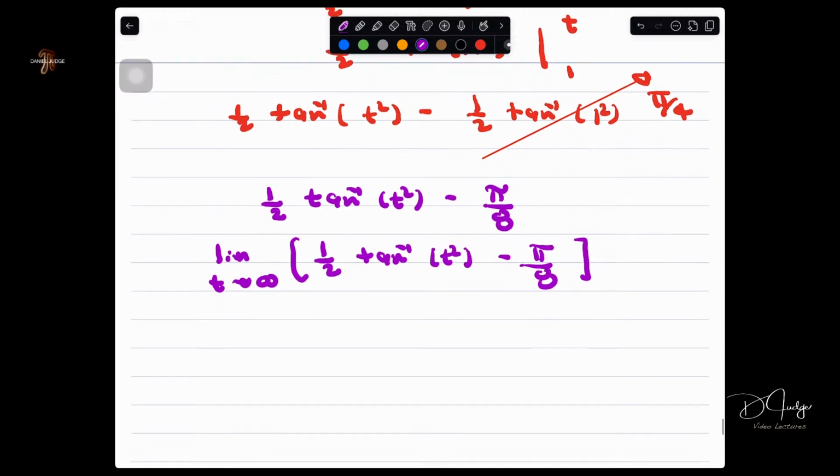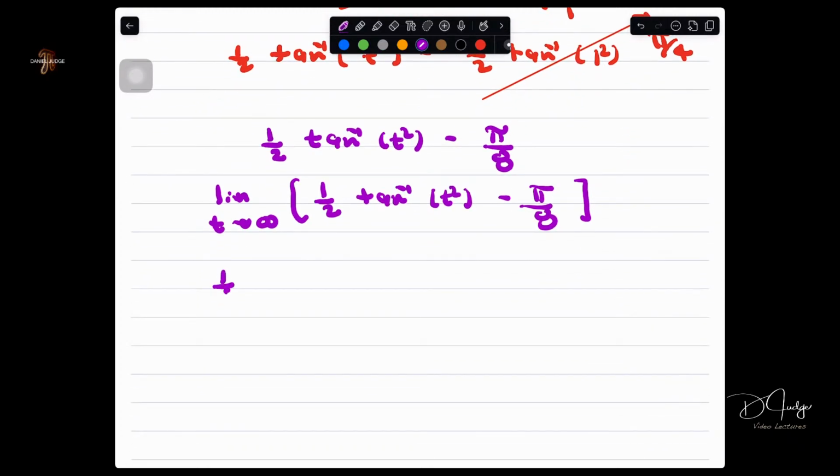So you'll have properties of limits: 1/2 times the limit as t goes to infinity of inverse tangent t squared, minus the limit as t goes to infinity of pi over 8.